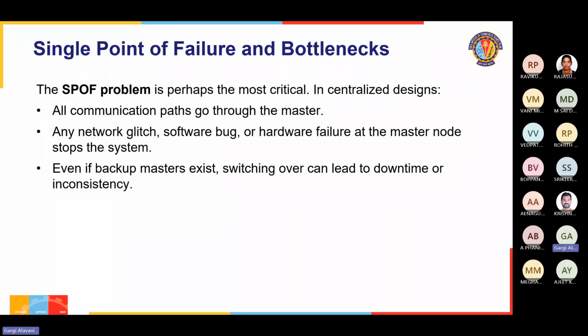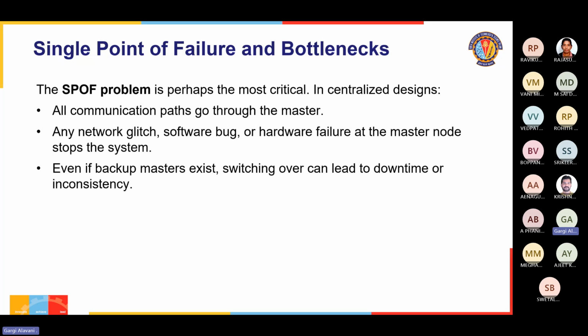Even if we have a backup for a master, switching over can lead to downtime and also lead to inconsistency. Since a large scale distributed system must run 24 by 7, a design that depends on one node for coordination or metadata management is not good enough. It cannot offer fault tolerance.